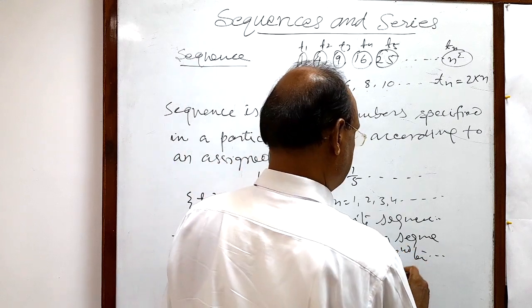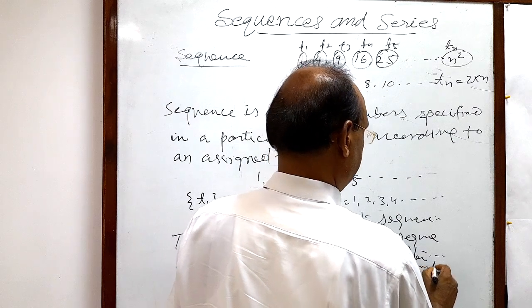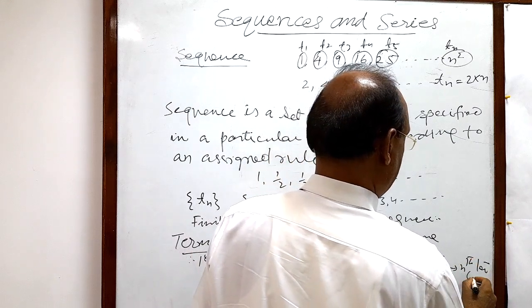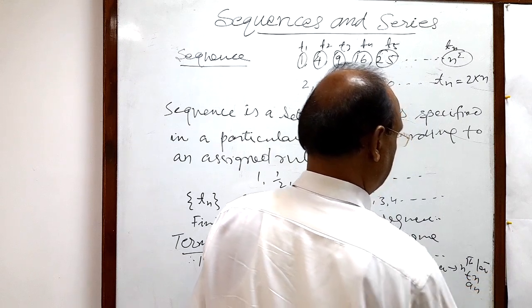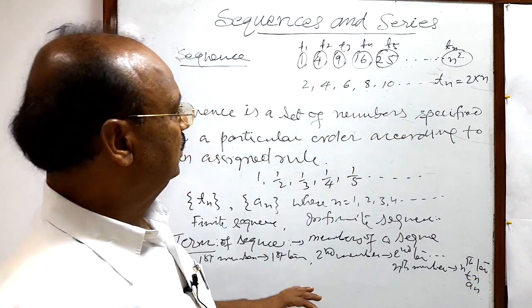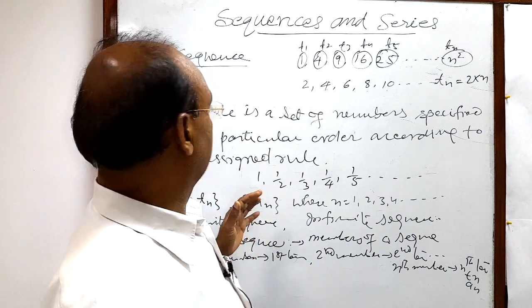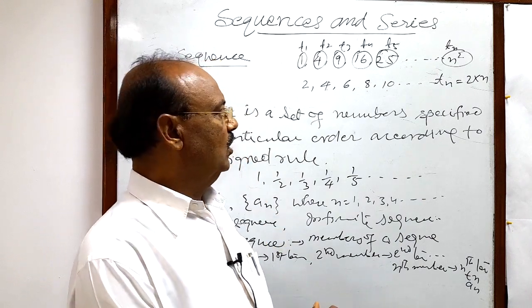And the nth member is called the nth term. The nth term is denoted by Tn or An. Okay, so this is a very basic concept of sequence, correct?